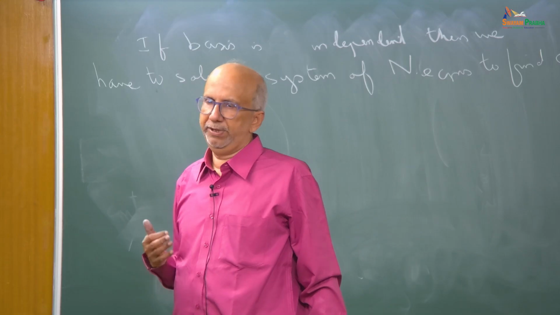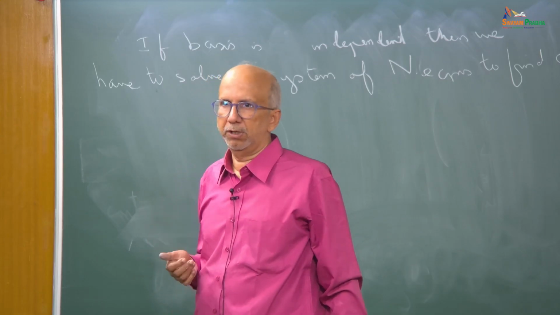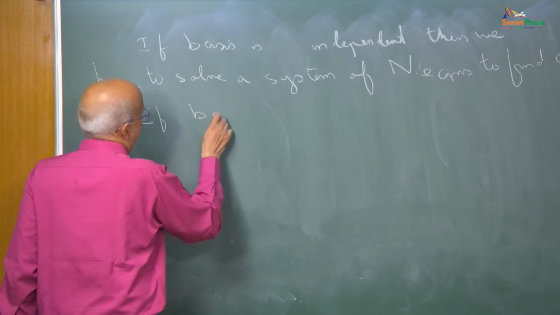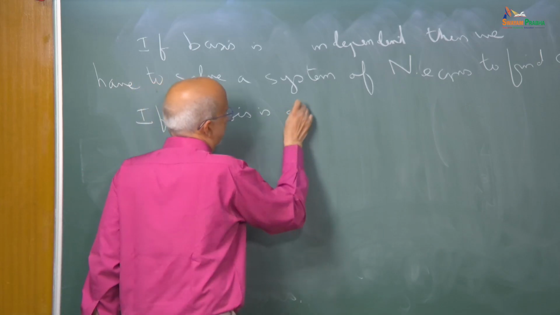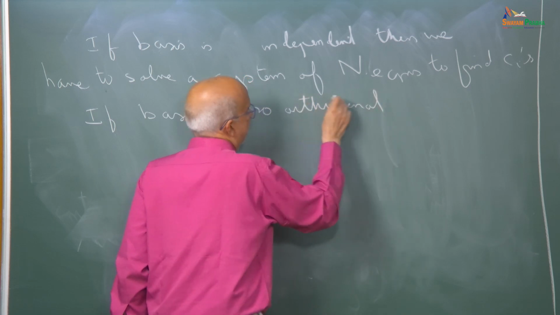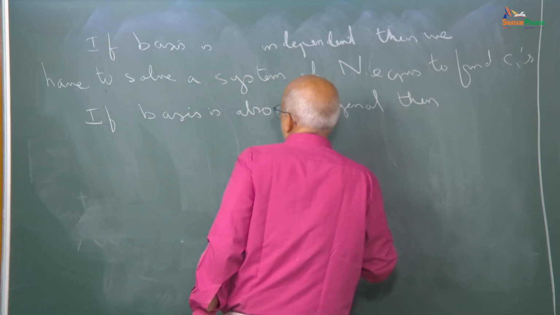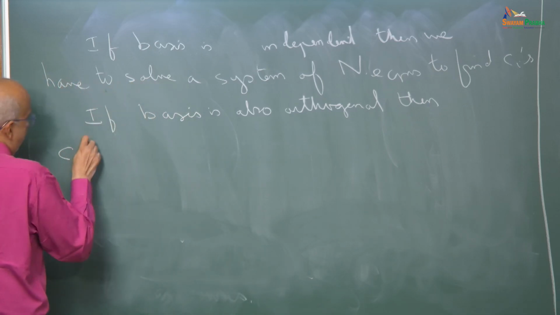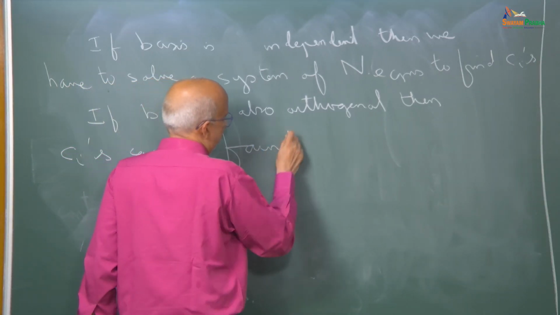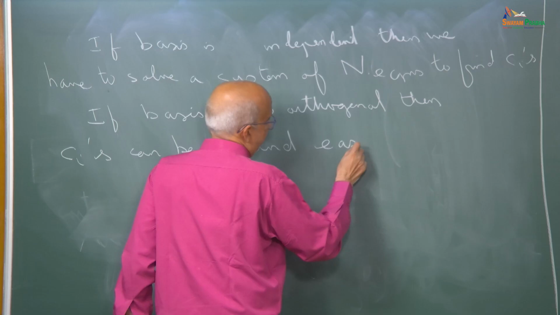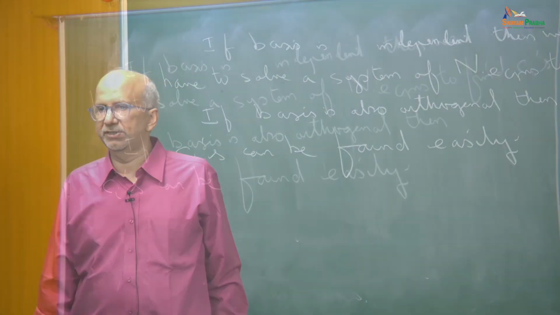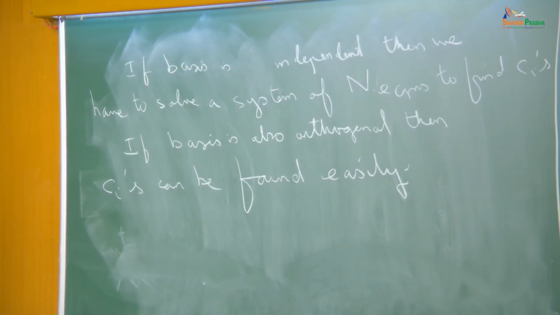But if in addition to being independent, the basis is also orthogonal, then the Ci's can be found easily without having to solve n equations in n unknowns.